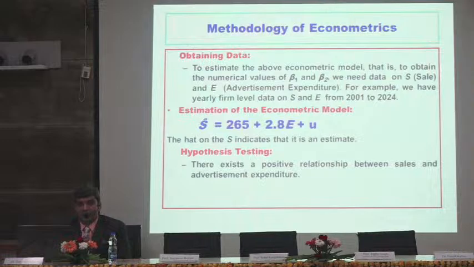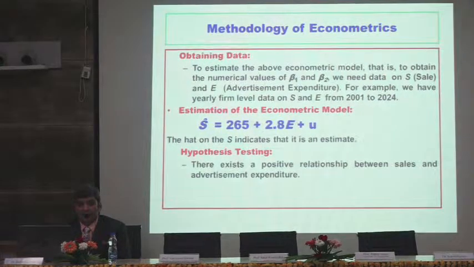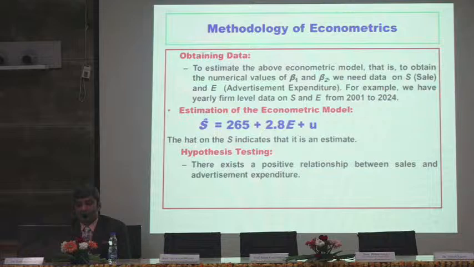If there is a difference, then that difference is called the error term, that is U. And we have used the word estimated value, that is S cap. S cap is the estimated value and S is the exact value.